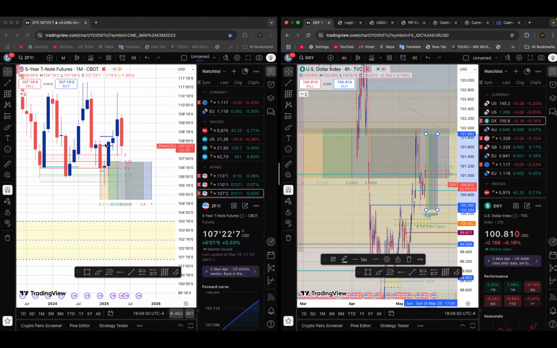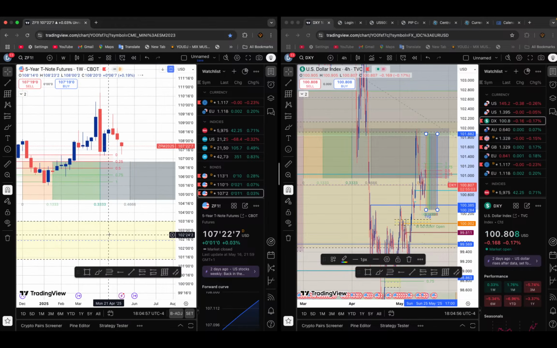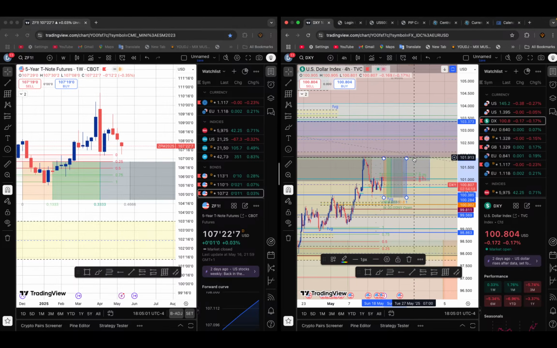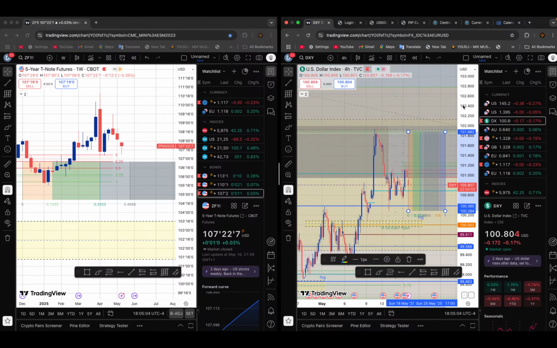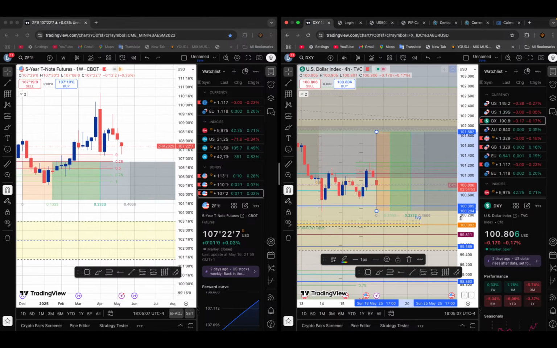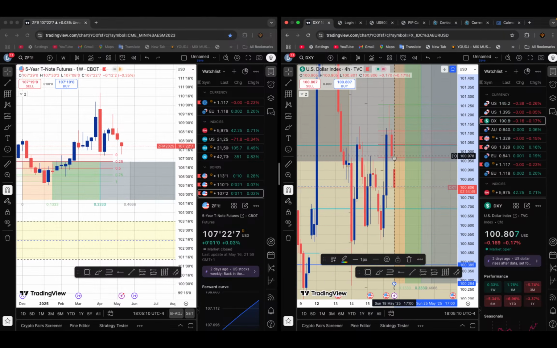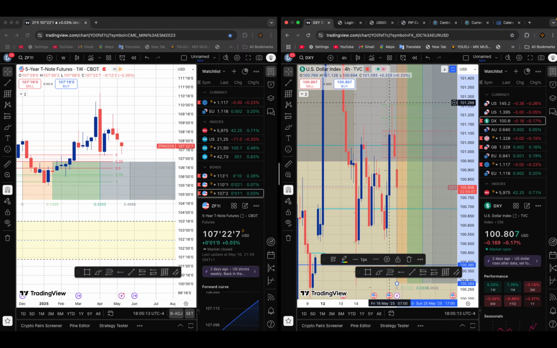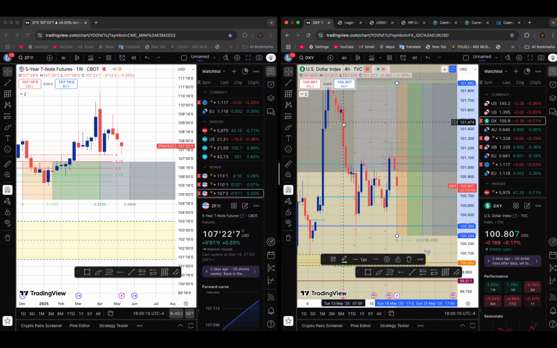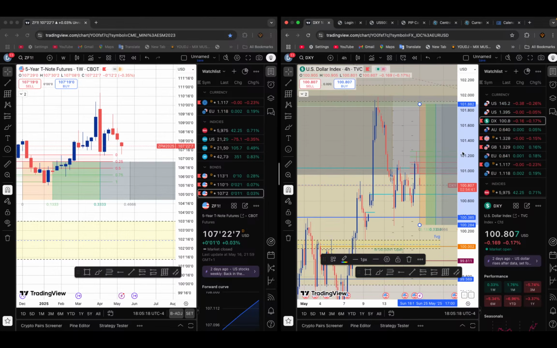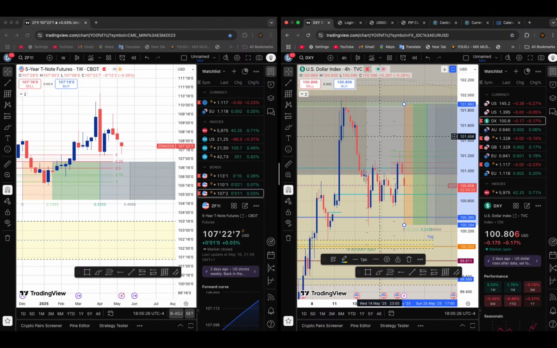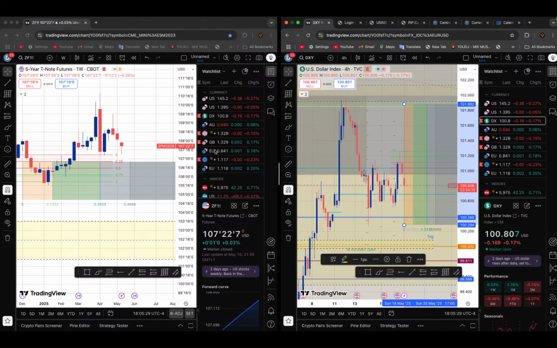We just need to start seeing that movement higher from bonds for us to completely validate dollar moving lower, because at this moment in time, if price does decide to take this and then close above here, it may look to use it as an inverted fair value gap to take this out again, but it depends really what it wants to do.